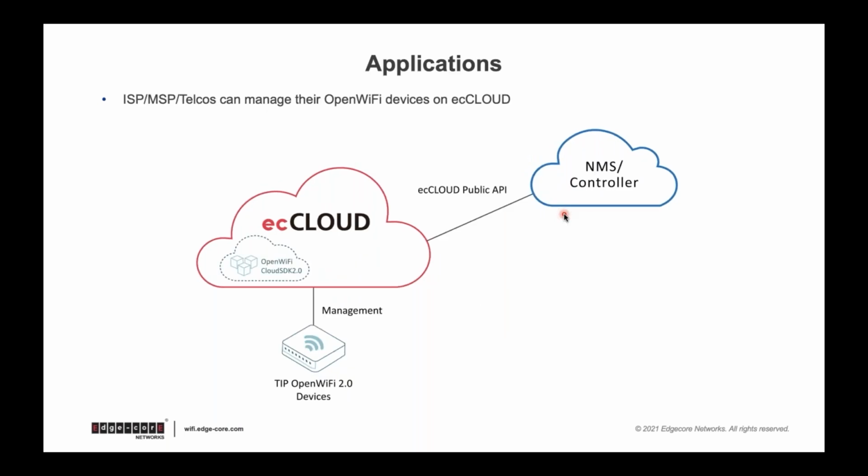Okay, then we will provide some example applications for the ecCLOUD and TIP OpenWiFi integration. The first example is that if the ISP already has an NMS to manage their existing network, and they want to use OpenWiFi to provide more services, then they can use ecCLOUD to manage the TIP OpenWiFi devices and use the ecCLOUD public API to, for example, collect information from the TIP OpenWiFi devices or push configuration to the TIP OpenWiFi devices via ecCLOUD.